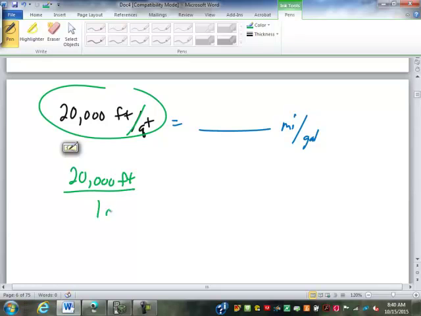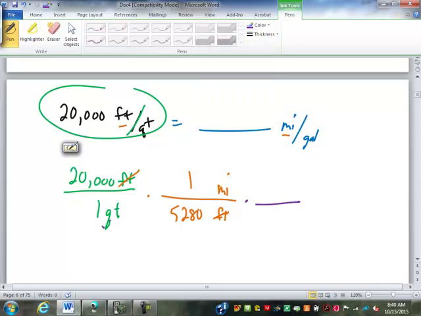it's over 1 quart. And now you have to convert both units. I'm going to get rid of feet, so I put feet on bottom so that they cross cancel out. And I'm going from feet to miles. I have 1 mile is 5,280 feet. Then I also have to get rid of the quarts down here.